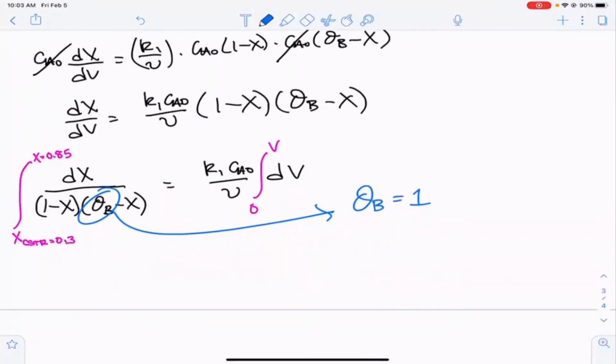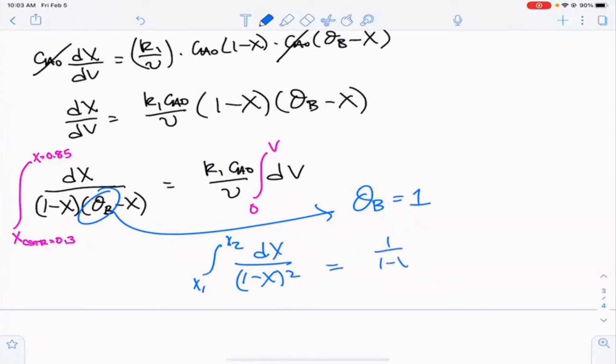And then that integral becomes relatively simple. That would be the integral from X1 to X2 of dX over (1 minus X) squared, and that one is okay. That's just 1 over (1 minus X).